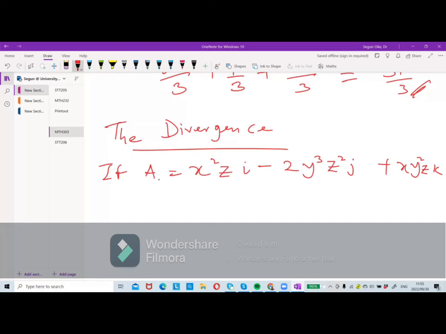So they ask us to find, for divergence, del dot A, or div A, as they put it, at the point (1, -1, 1).